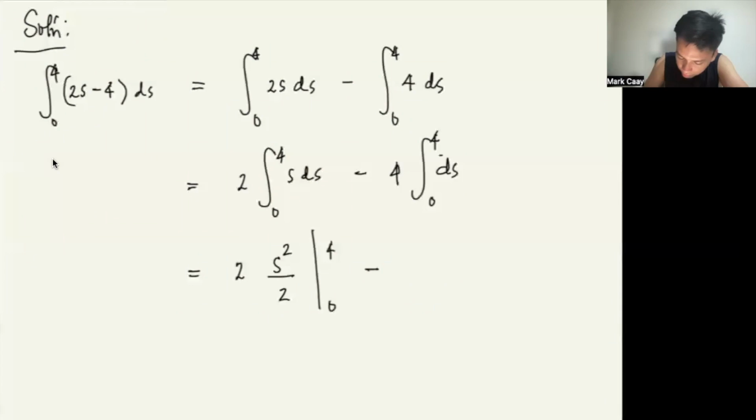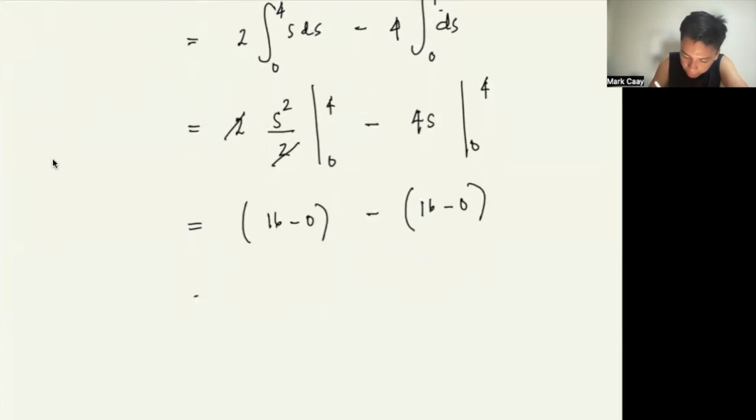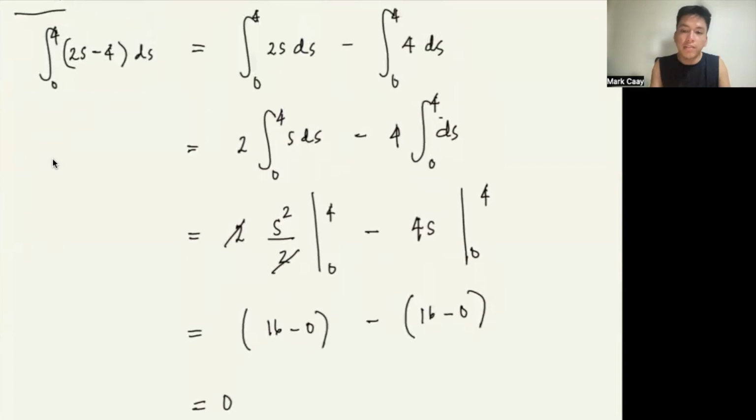This one is 4s from 0 to 4. So we know the 2 cancels. So what we have here is 16 minus 0 minus 16 minus 0. Isn't it easy? So, therefore, the answer here is 0. That's it. If you have any question or clarification, please let me know.